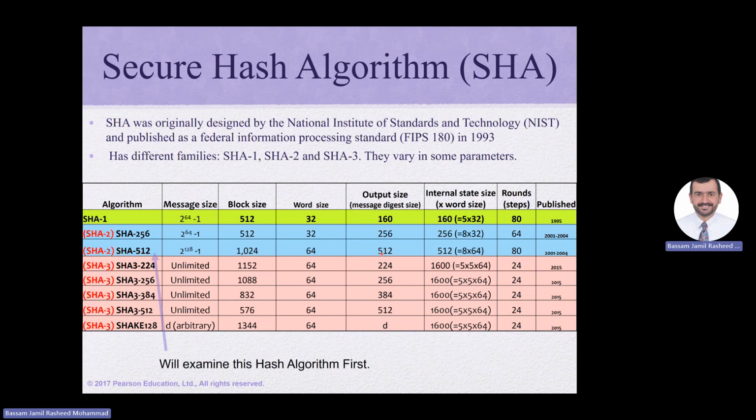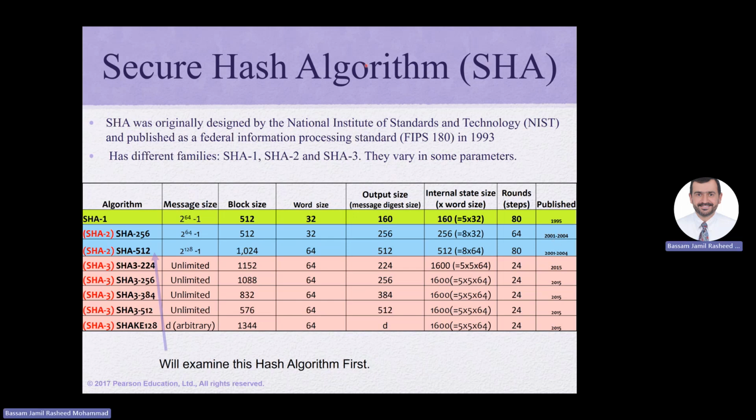The main thing is that you can see the increment in the output digest size from 160 to 256 and 512. That was released in the early millennium.